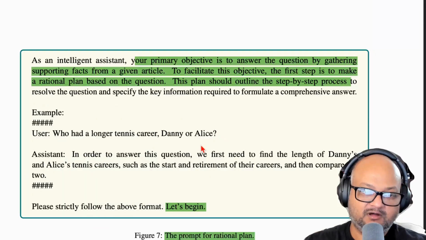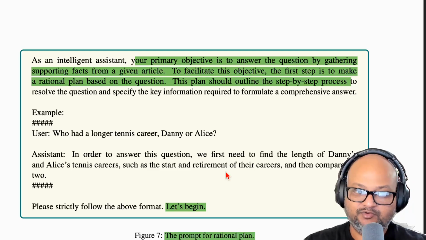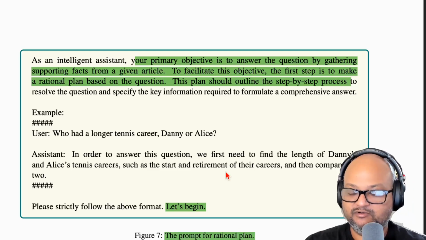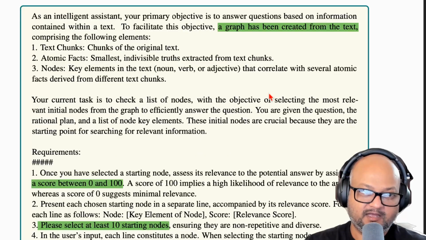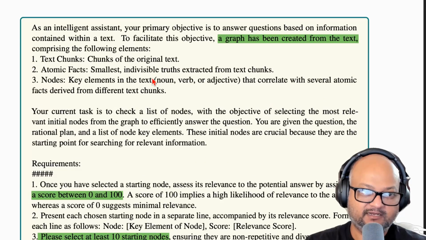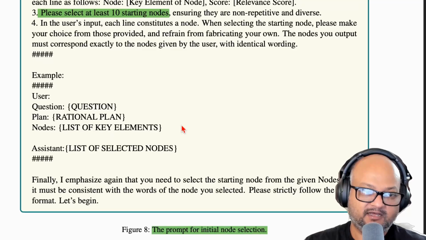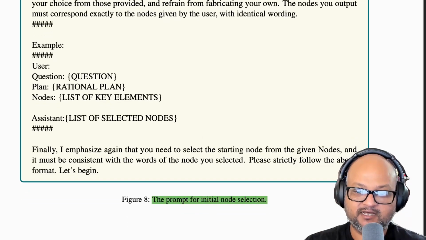This is the prompt that they use for pre-planning, which is to come up with a plan to answer the question. And here's the prompt for selecting the initial node to start the search from. So here in the appendix, they have detailed prompts for all these steps.